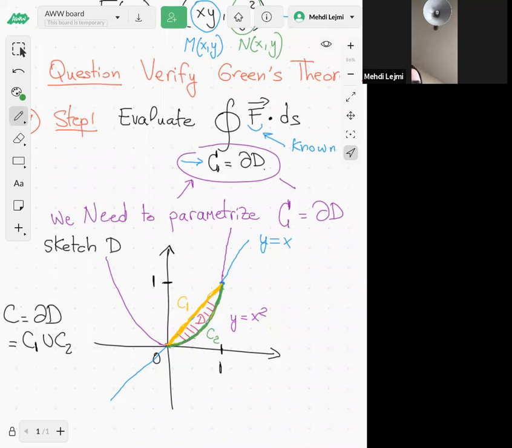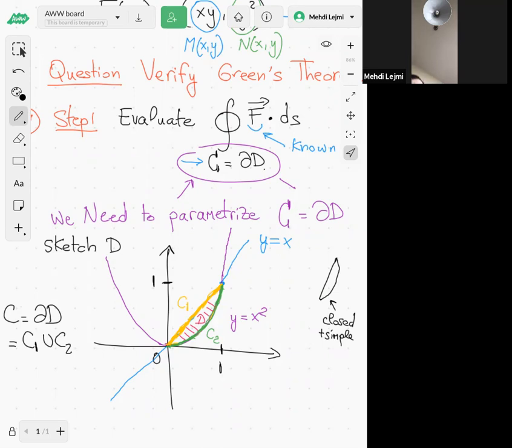So it verifies the assumptions in the hypothesis of Green's theorem, because you need the boundary to be closed and simple. Now, what about the orientation? You need to orient this curve such that D is on the left of your orientation.